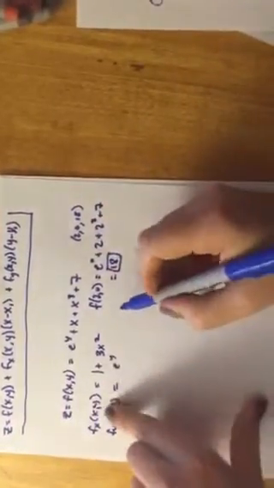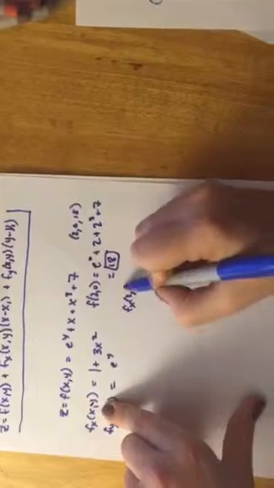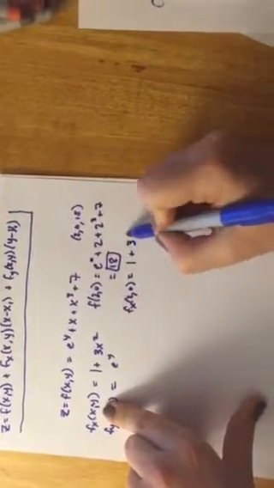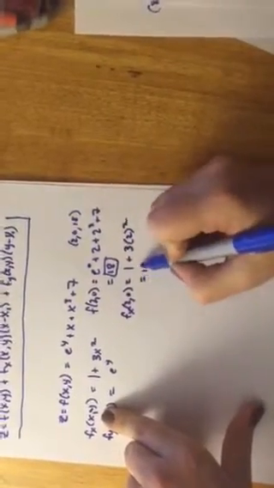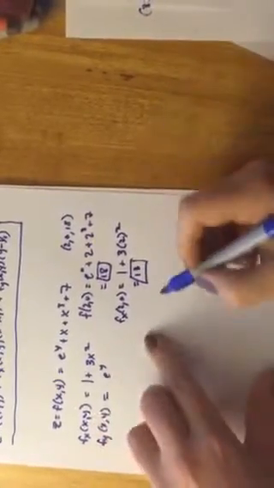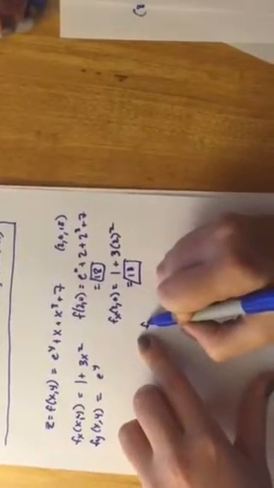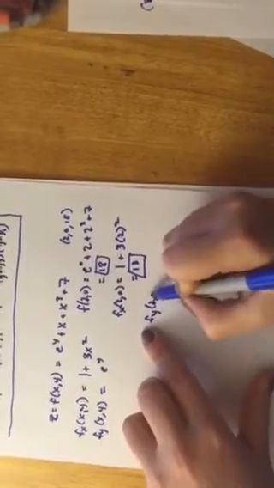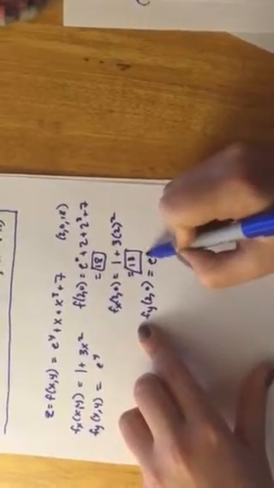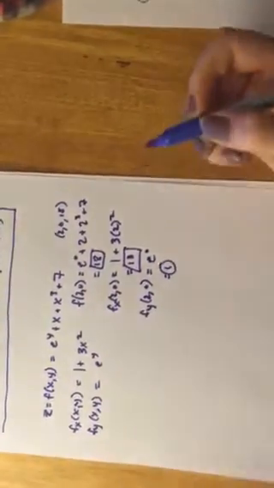And then the x partial at (2, 0) is equal to 1 plus 3 times 2 squared, which is equal to 13. And then the y partial at (2, 0) is equal to e to the 0, which just equals 1.